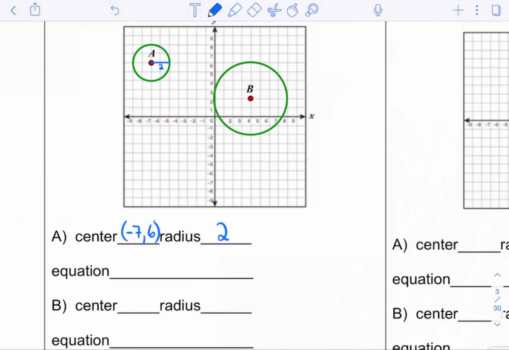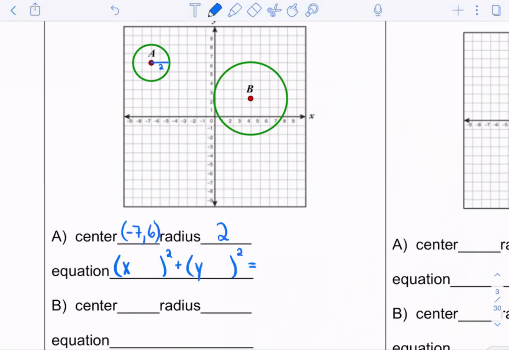Okay, so I would start, I call it like making a skeleton of the equation. Sure. Okay. I would draw 2 sets of parentheses with a plus sign between them and little squares on the outside. And then I would put my X in the first parenthesis and my Y in the second. Okay. And I know that the center has to be the opposite.